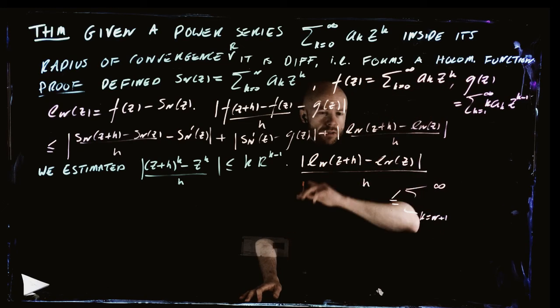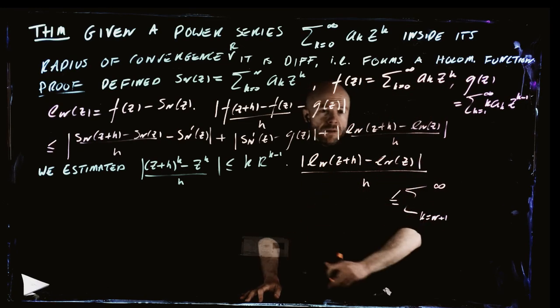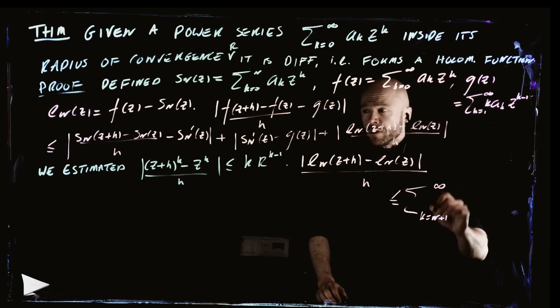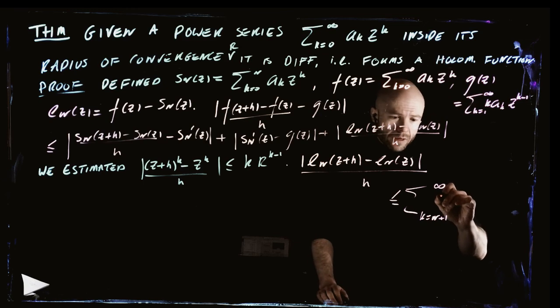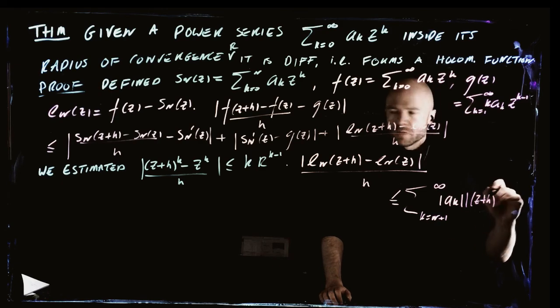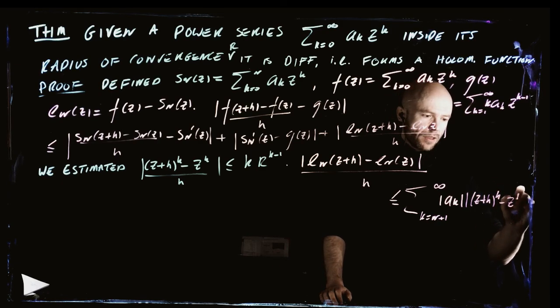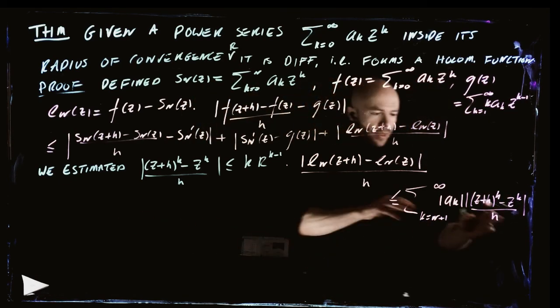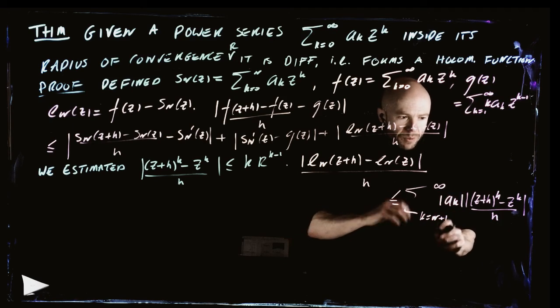All right, so this thing, just using the definition, is going to be less than the sum of the absolute value of all of these coefficients, a_k, and then (z+h)^k minus z^k. This is the thing which we have to estimate.